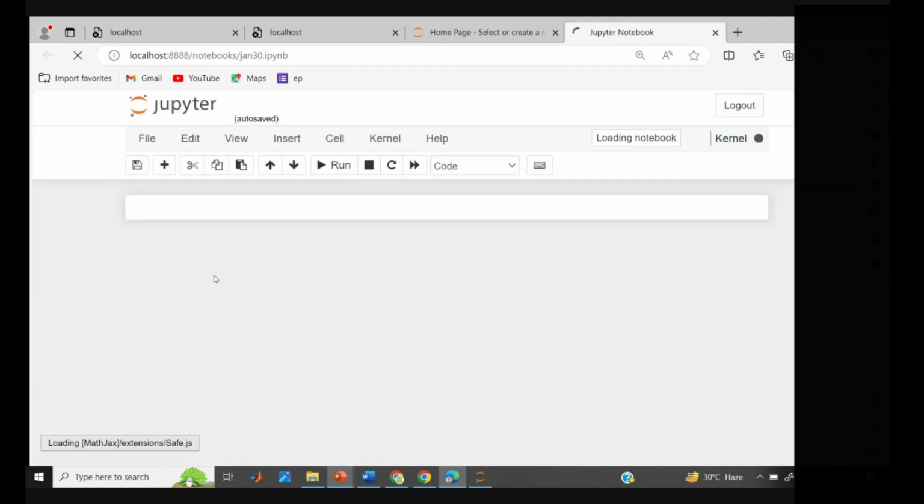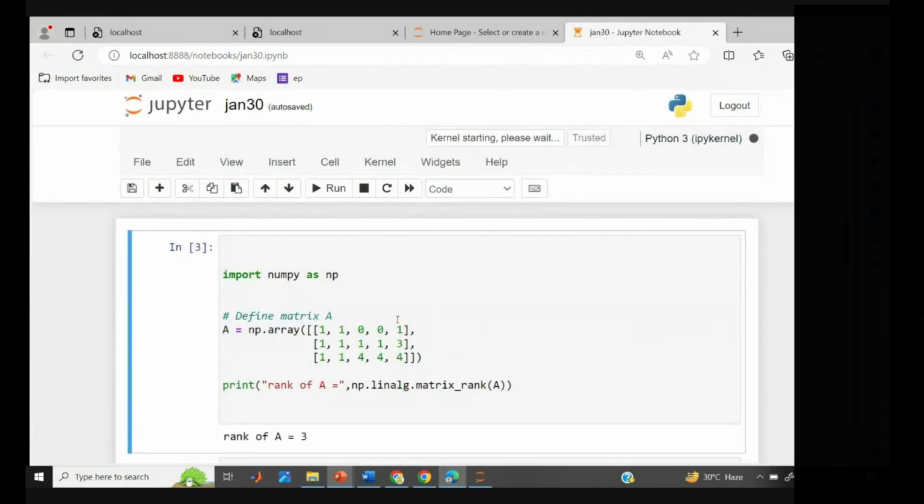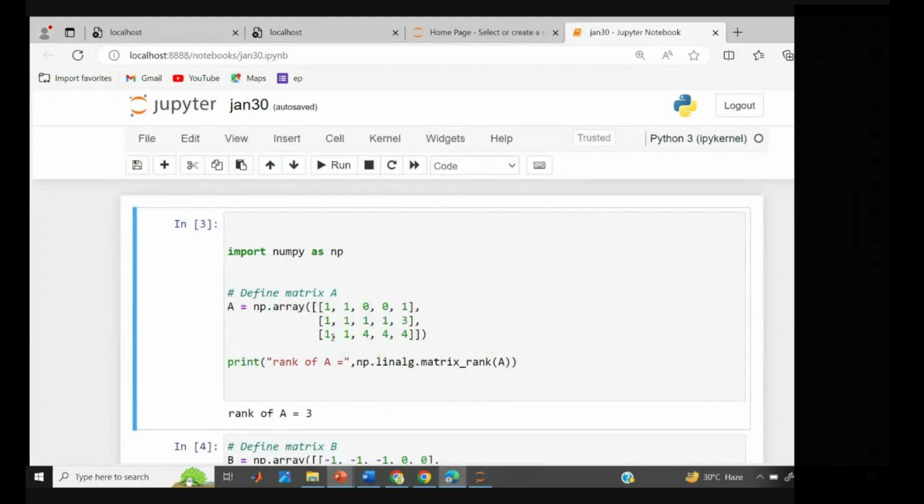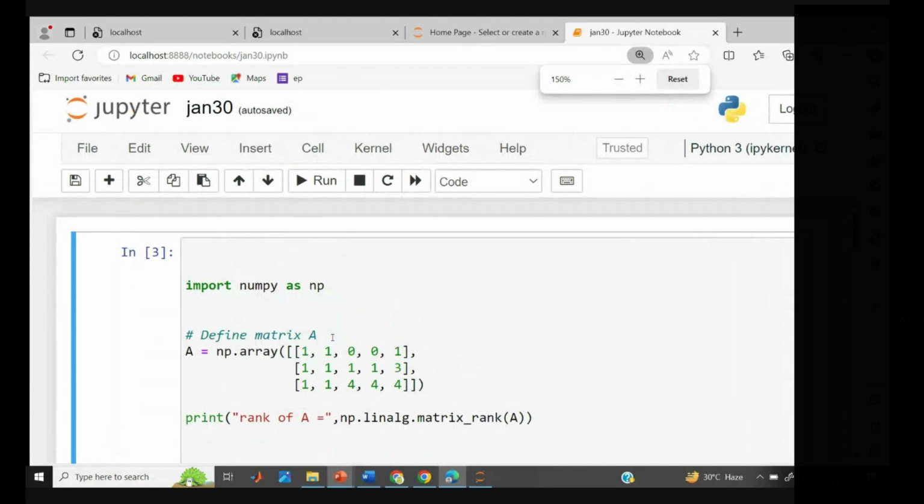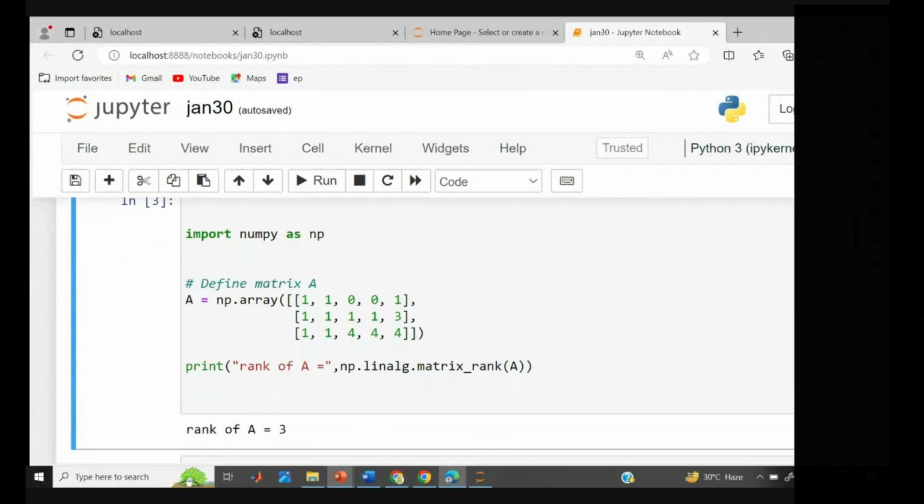I will show you a matrix B such that this is actually our matrix A, right? And you see this matrix A, and we can use Python programming to find the rank of the matrix.